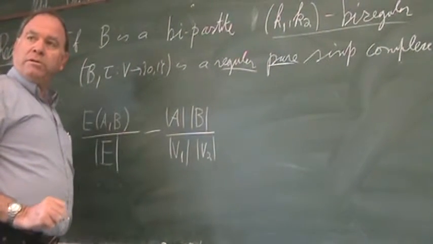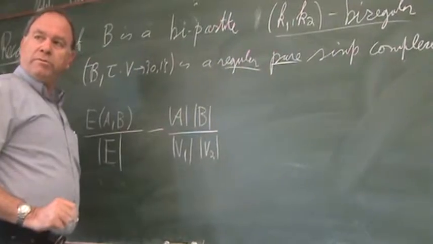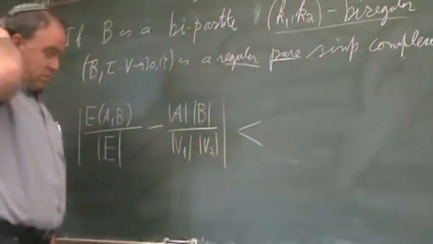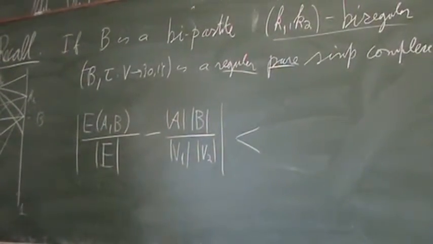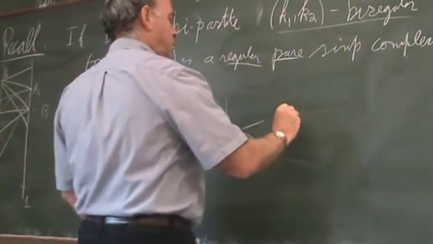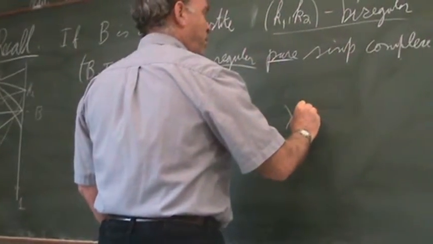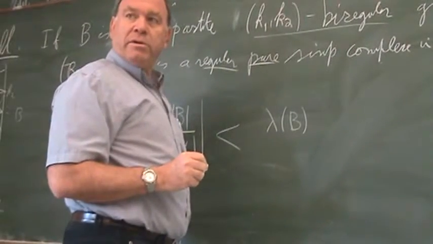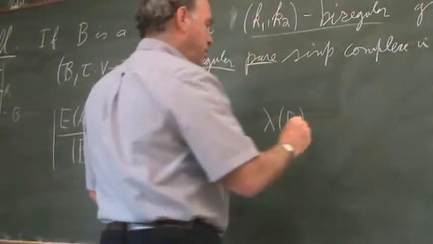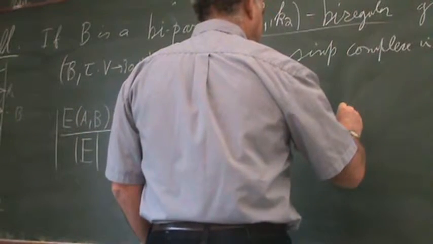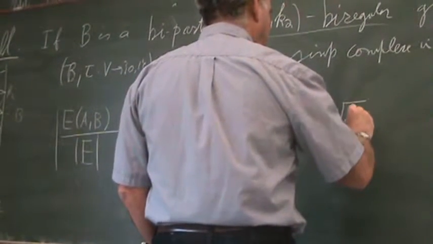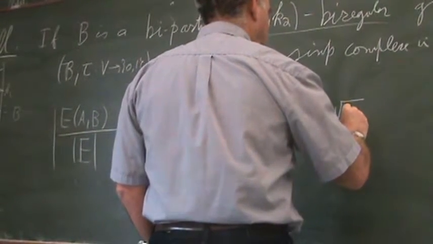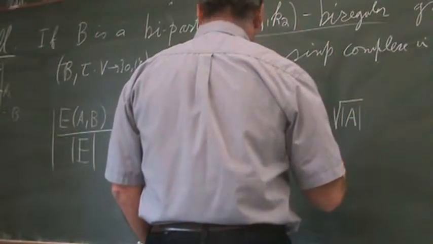And then we said that this is less than lambda, which is the second largest eigenvalue, times square root of A over E times square root of B over E.